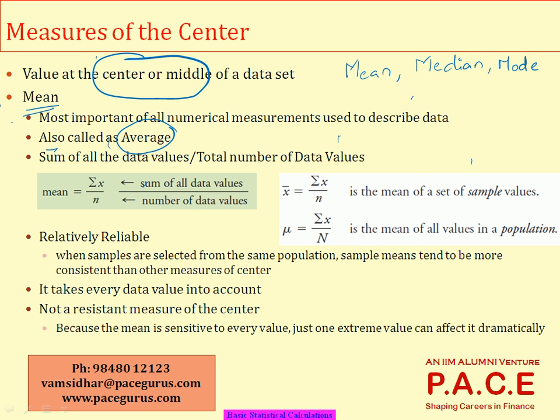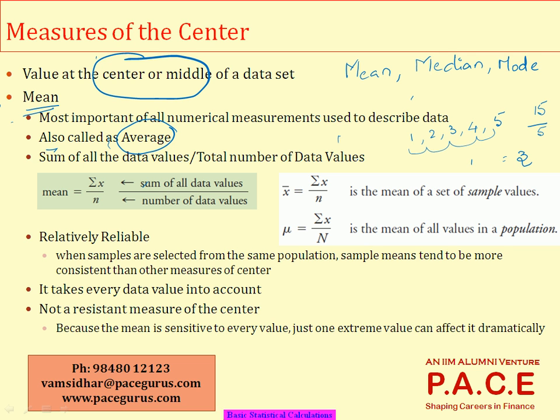If you are given data values like 1, 2, 3, 4, 5 being the 5 different data values, the sum of all these data values, which is 15, divided by the count of the data values, 5, will give me the mean. So the way the mean is computed is all the data values that you have, you sum them up and you divide by the total number of values, which will give you the mean value.